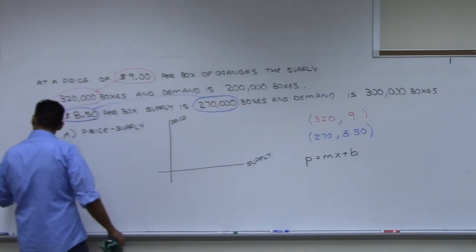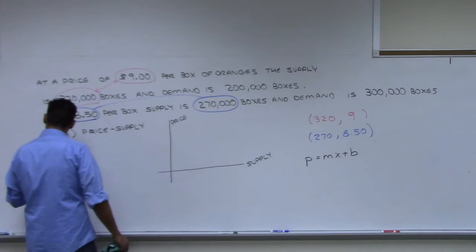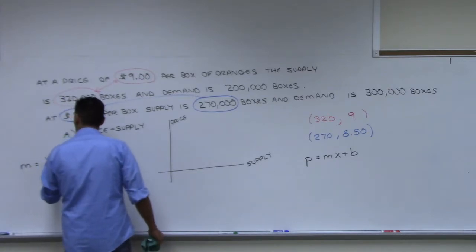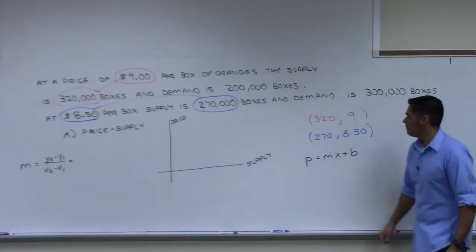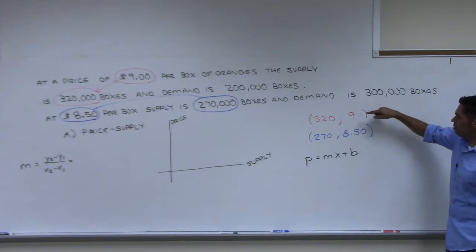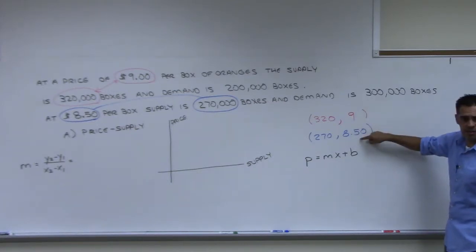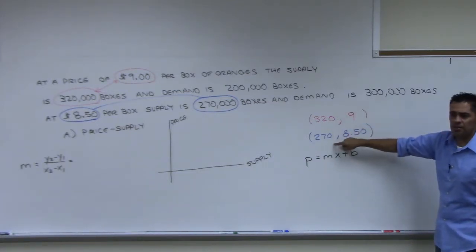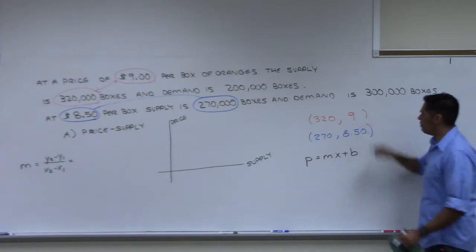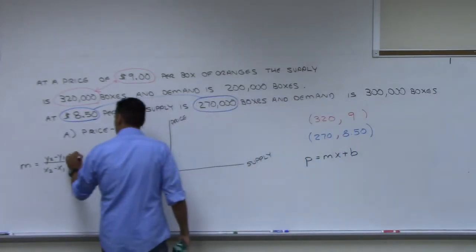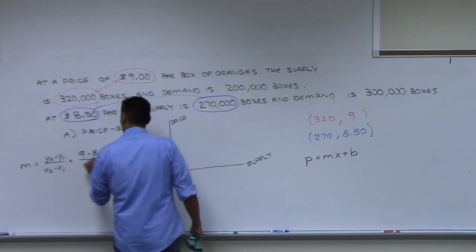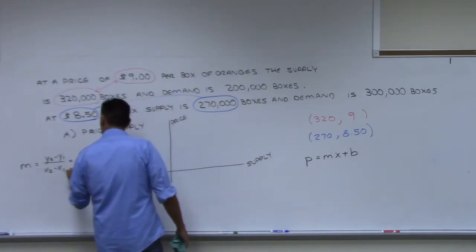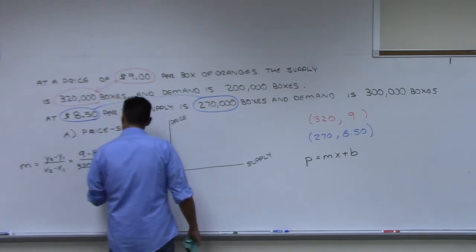Using that information, my slope will be equal to y2 minus y1 over x2 minus x1. And so I'm going to subtract the y coordinates. So what do you say we do this minus this over this minus this? Is that okay with you? So let's go 9 minus 8.50 over 320 minus 270.